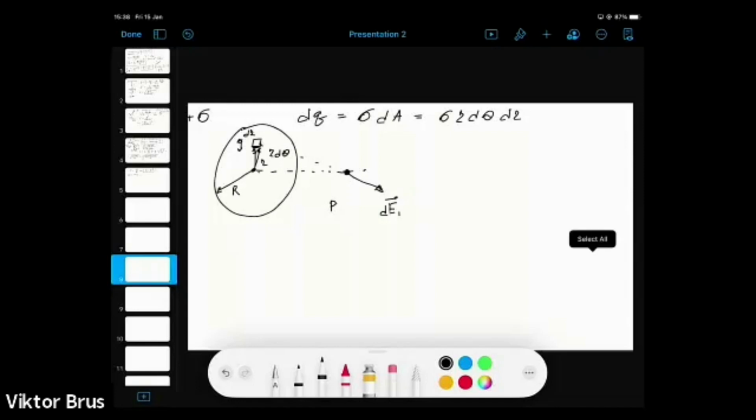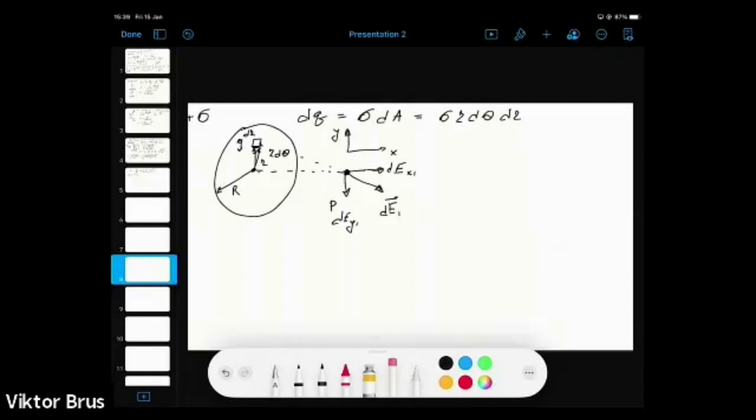If we consider some system of coordinates, let's say x, y, the projection of this vector on the x-axis will be dEx1, and the projection on the y-axis will be dEy1.